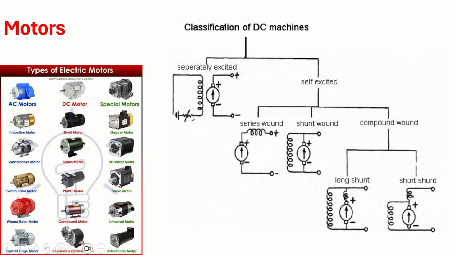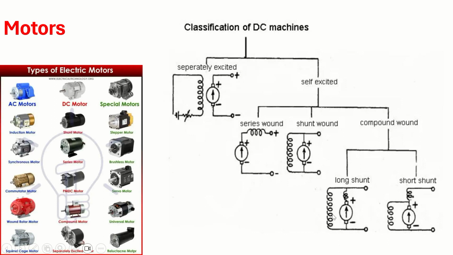Are you separately exciting it with the help of an external source, or have you connected that coil in series to your armature, or have you connected this field winding in parallel to your armature, or long shunt?